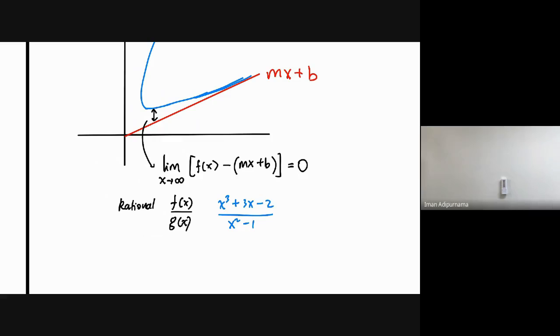Okay. Of course, if you divide, at least you will receive a linear equation. At least you need to multiply by x to get the cube, right? And you can rewrite this in another form that has the linear equation.